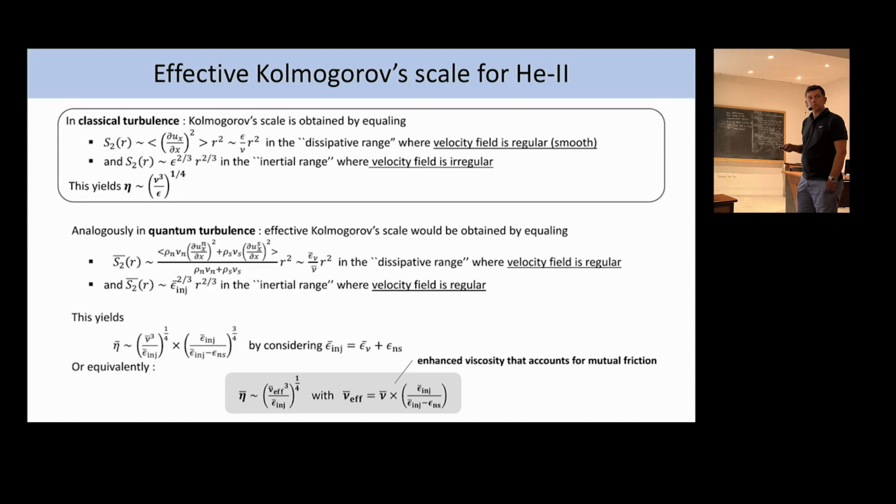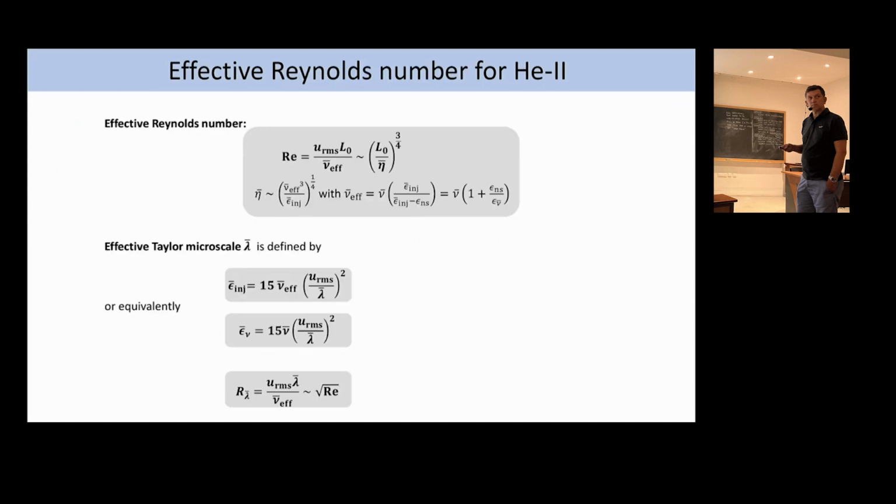So you can extend in this framework the definition of the Kolmogorov scale by accounting for mutual friction dissipation. And if you have this extended viscosity, then you can define an extended Reynolds number, and you get this formula, and you can also introduce the Taylor Reynolds number the same way.